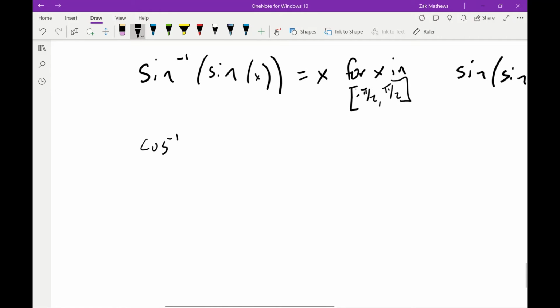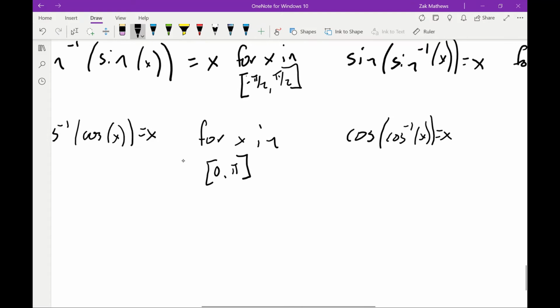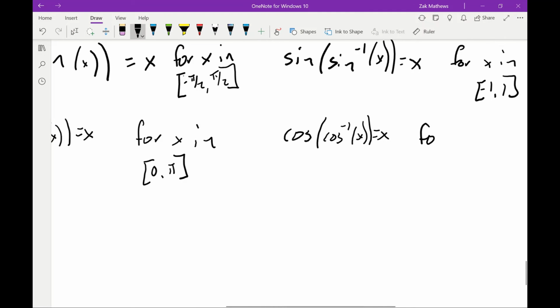If we were to take the inverse cosine of the cosine of x, that better equal x, but again with the restrictions on our domain for x in the interval 0 to pi. And then if we were to take the cosine of the inverse cosine of x, that better equal x as long as we're in that -1 to 1 interval.